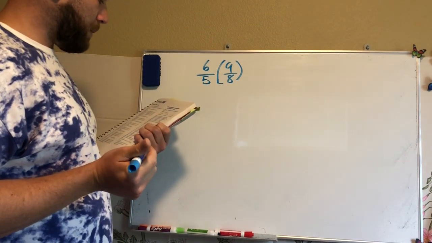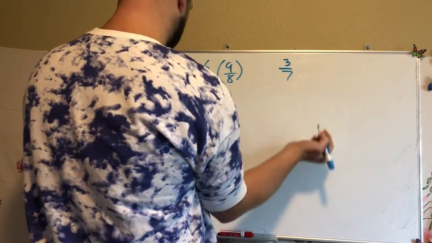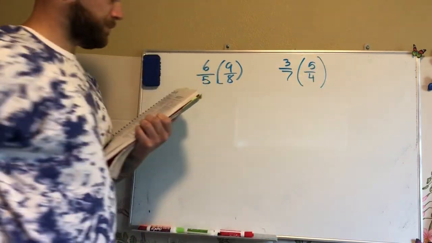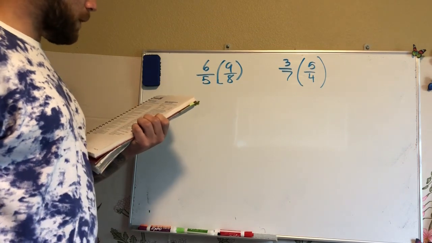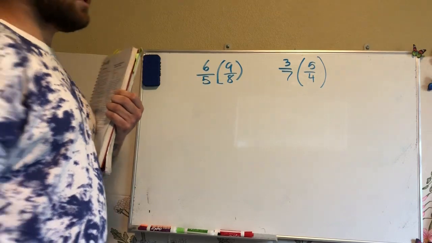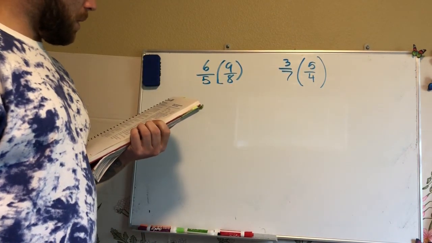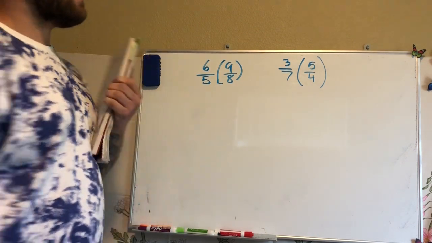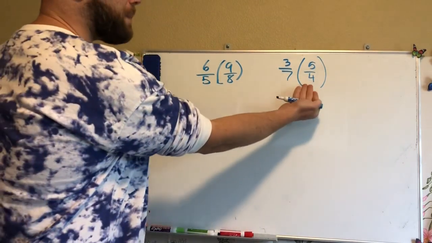Okay, let's read problem B. 3/7 times 5/4. What fraction are you multiplying by in this equation? You're multiplying by 5/4. Is 5/4 more than 1 or less than 1? 5/4 is more than 1 because, again, it's a top-heavy fraction.